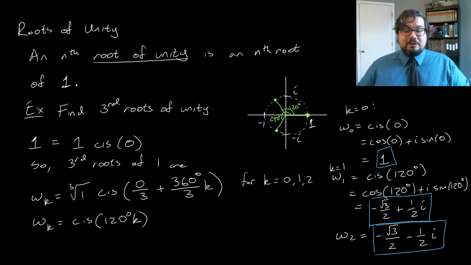Another thing that's interesting that we haven't used here but can be used in some situations is that you can use the roots of unity in order to determine the roots of any complex number. So what I mean by that is, if I wanted to know the third roots of some complex number, what I could do is just find a third root of that number and get some complex number there.